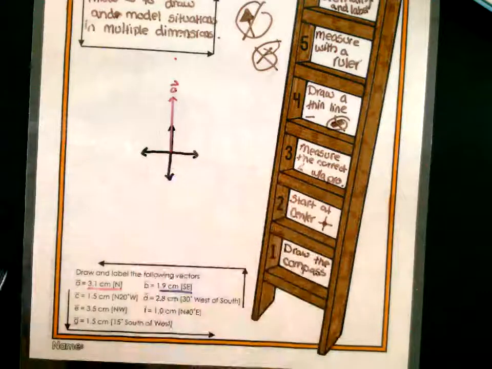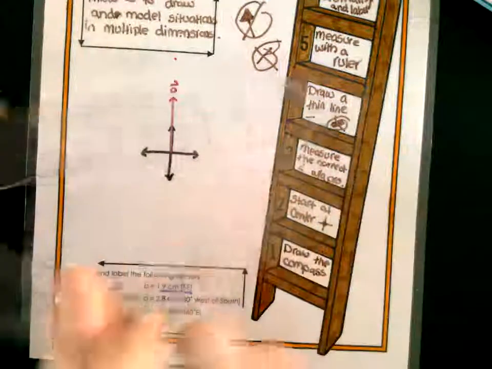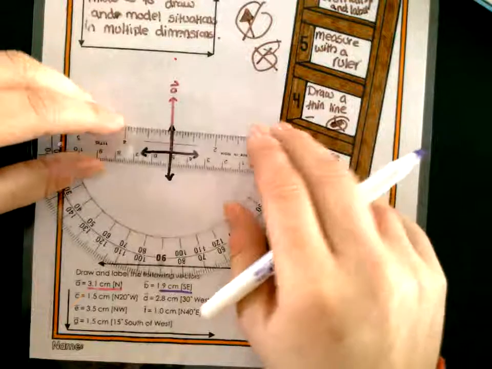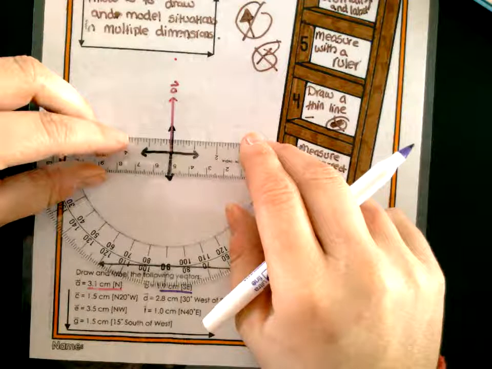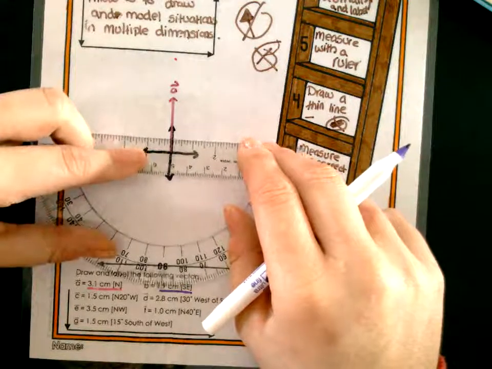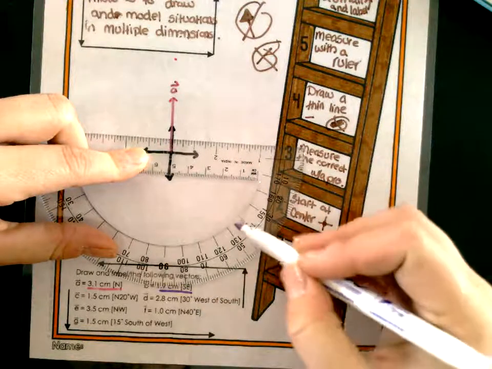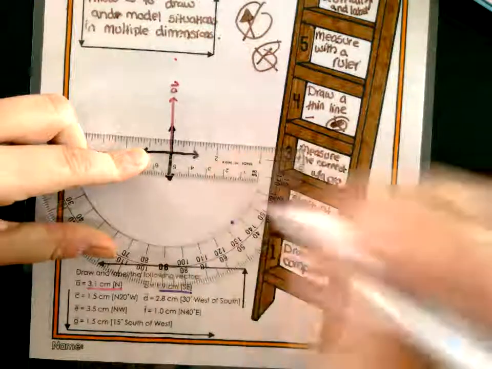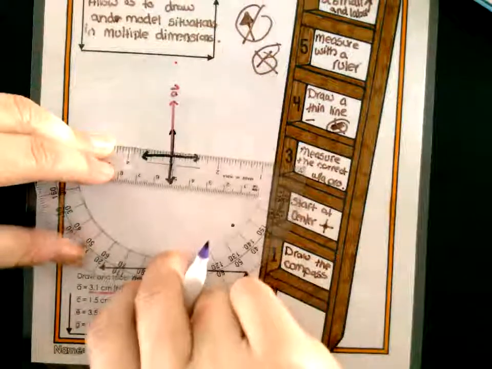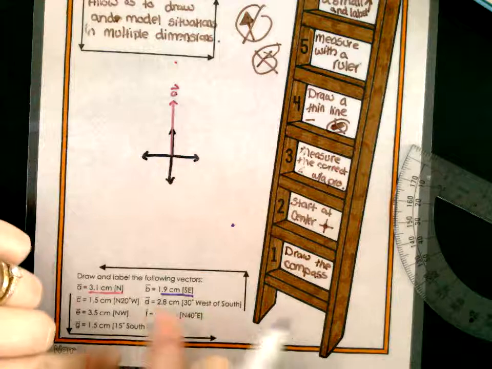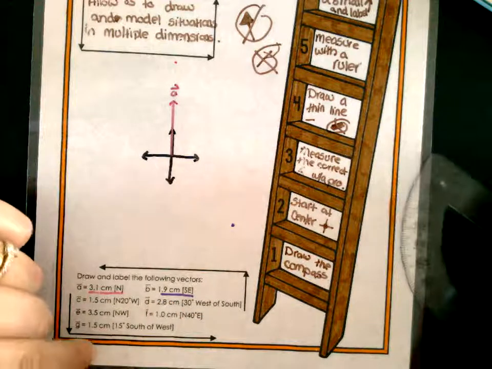So southeast is at a 45 degree there. So I'm going to set up my protractor. I'm going to measure 45 degrees and I'm going to put a little mark. And it says I want it to be 1.9 centimeters.